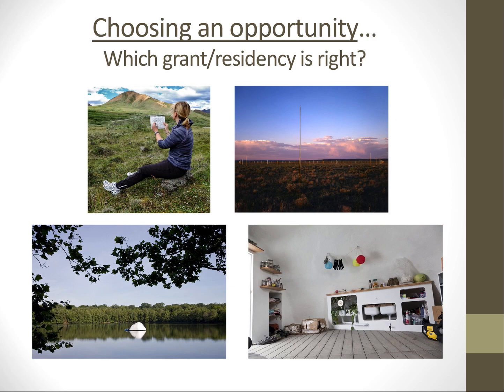But when you're choosing a residency to apply to, you're going to want to think about several things. So, one is what do you require to make your best work? There might be the issue of remoteness, and I'm showing here in this slide several different types of residencies. There's ones that are like in a cabin in a national park.